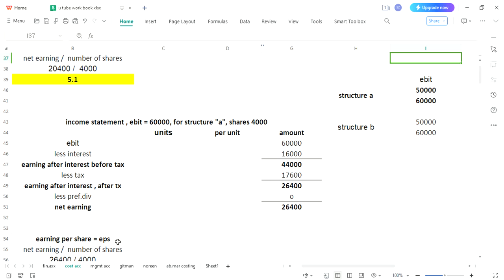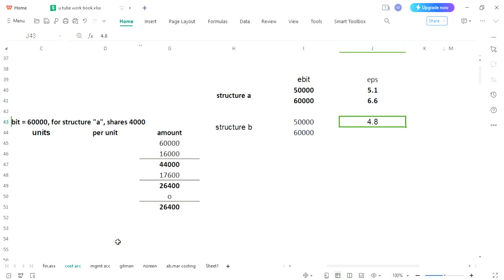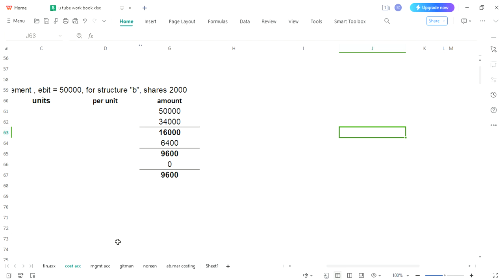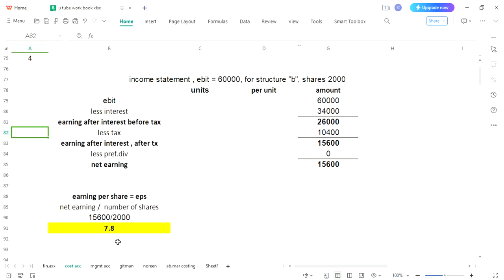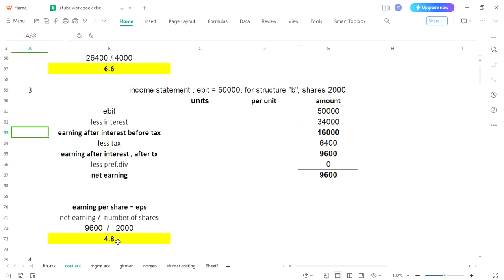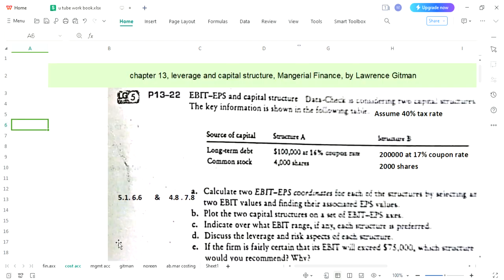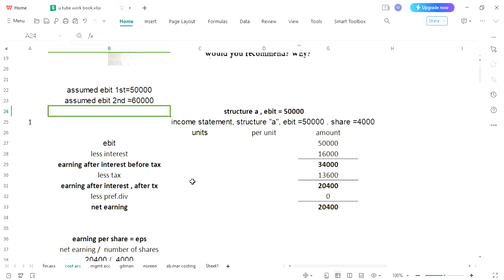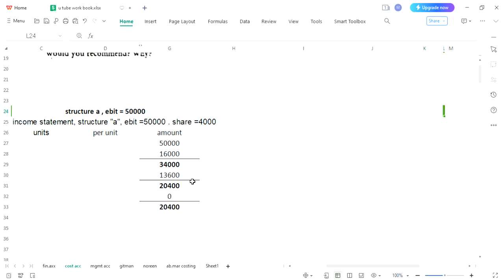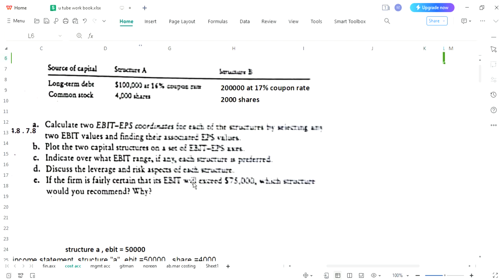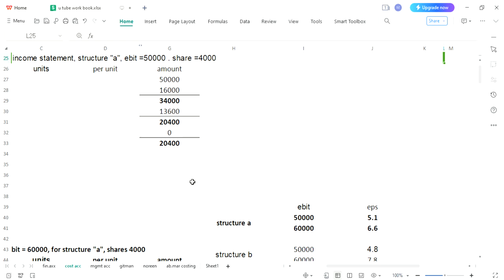So come over here and write down 7 point, what was that, 7.8. Let's check it out again. Yes, 7.8 and 4.8. Okay, we have completed our attributes, and these attributes would be used for our next requirement.